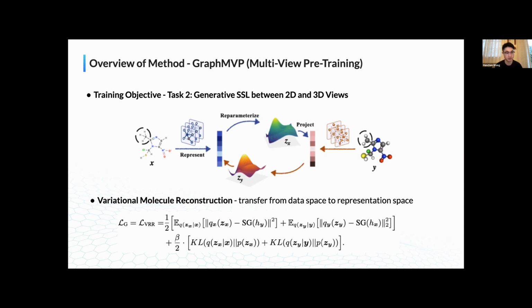There are many options for generative models, such as VAEs, as we said, or GANs or flow-based models. In GraphMVP, we prefer a VAE-like method for the following reasons. The first reason is that the mapping between the two molecule views is stochastic, since multiple 3D conformers correspond to the same 2D graph topology.